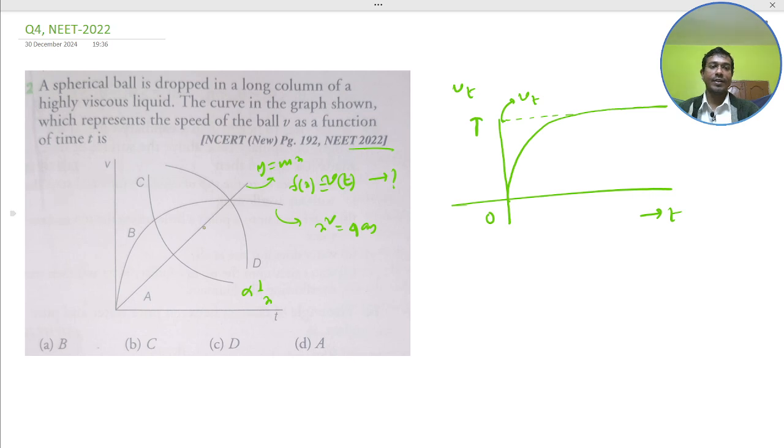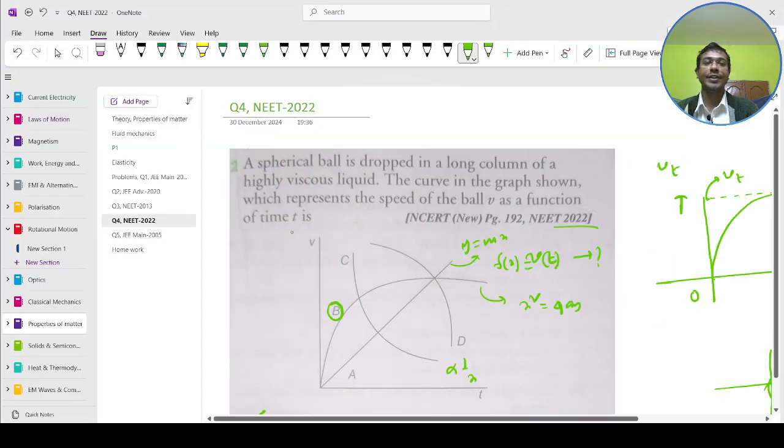So I think this graph would be our correct answer. This is for x square equal to 4ay, the parabola. So I think A would be our correct answer.